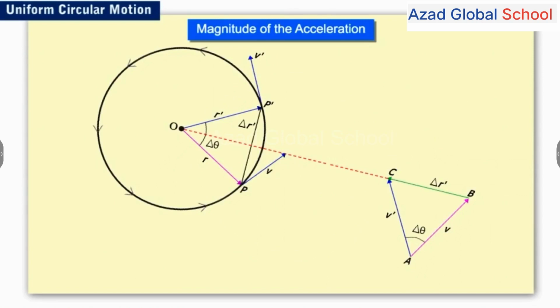Now, let us find the magnitude of the acceleration. As you know, the angle between r and r' is delta theta. As v and v' are perpendicular to r and r', the angle between v and v' is also delta theta. Therefore, triangle OPP' formed by the position vectors and triangle ABC formed by the velocity vectors are similar.